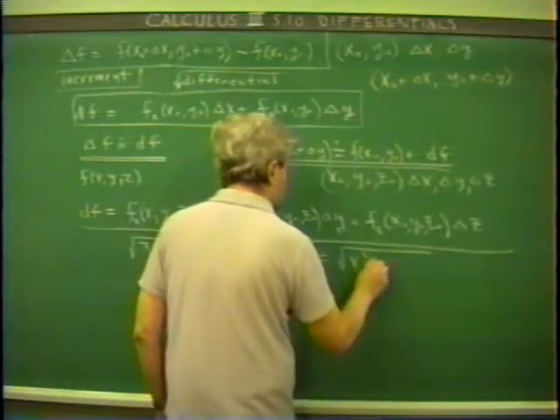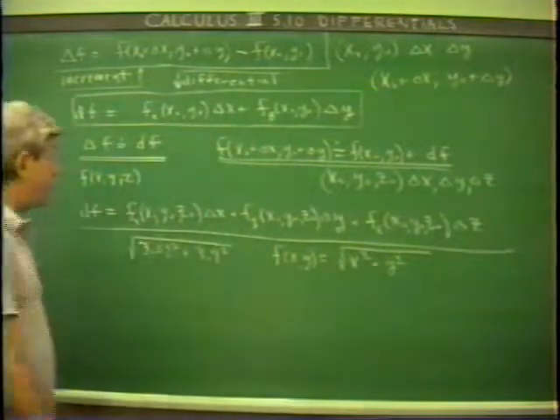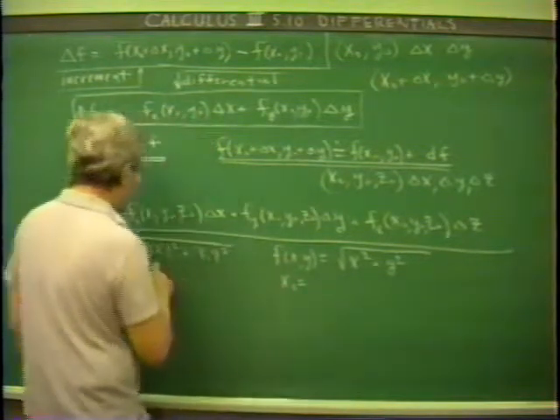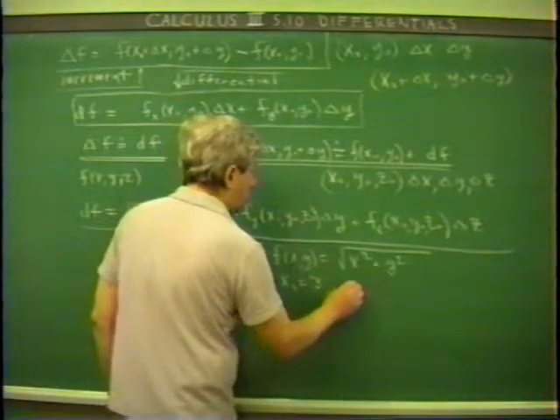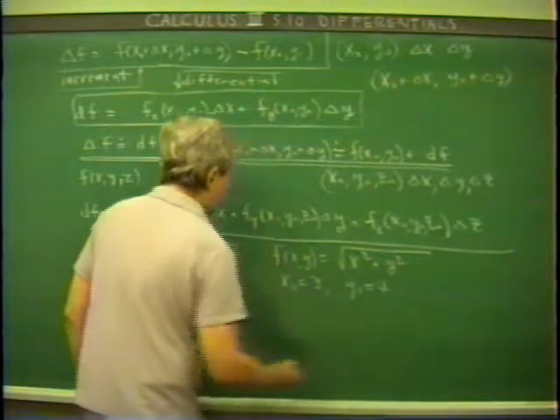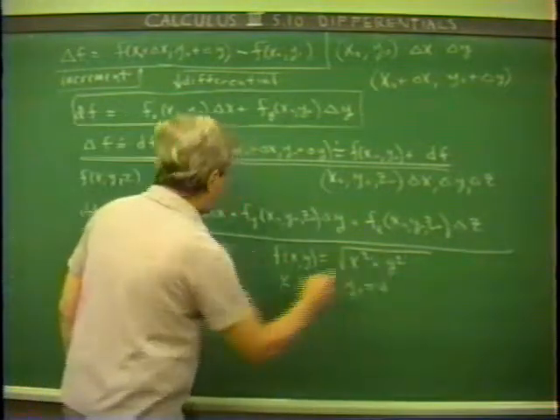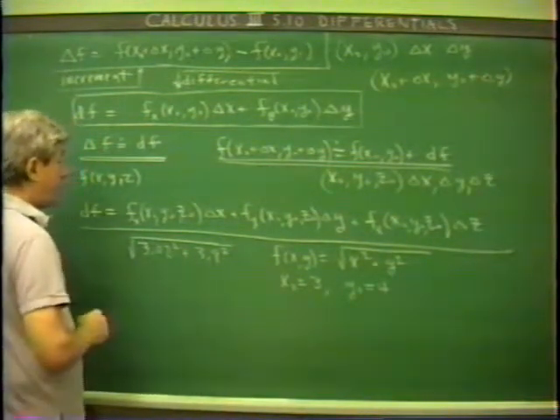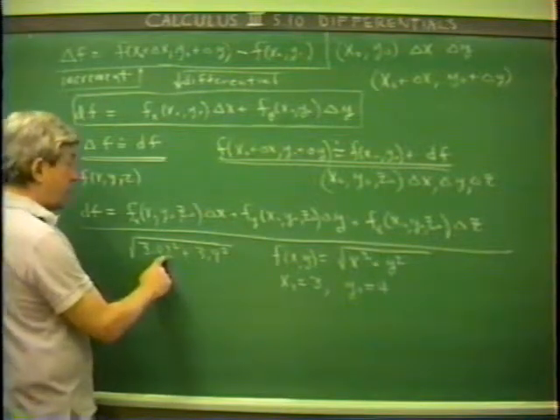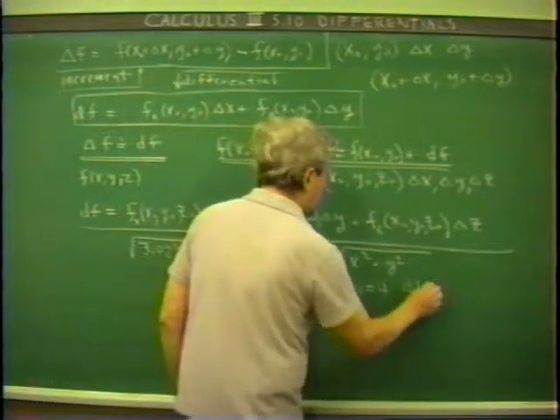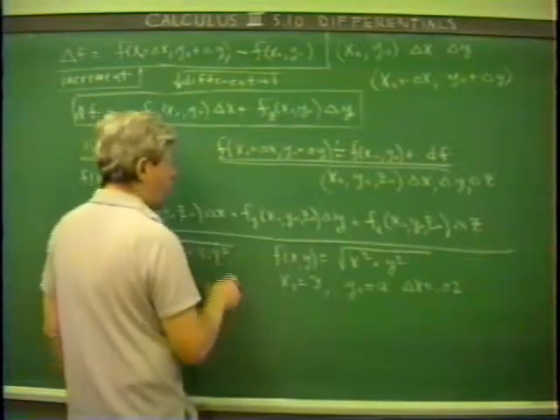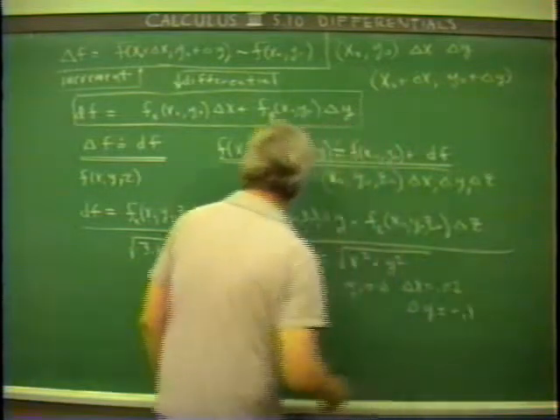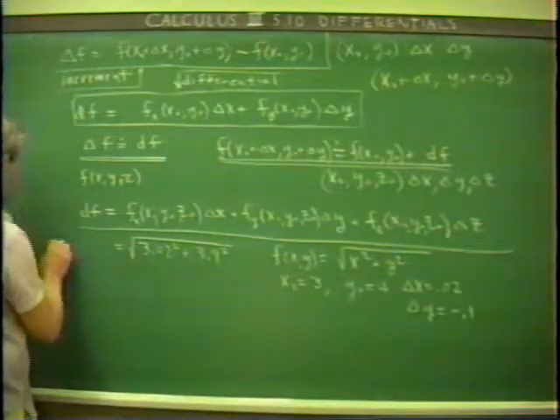If we let the function f of x and y be equal to the square root of x squared plus y squared, and we let x naught be equal to 3 and y naught be equal to 4, if we were to put 3 squared plus 4 squared here, you'd expect that the approximation would be pretty close. How far off would it be? Well, we're going to let delta x be 0.02 and delta y be minus 0.1.